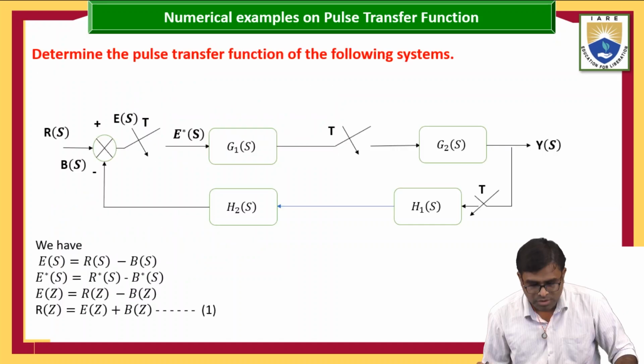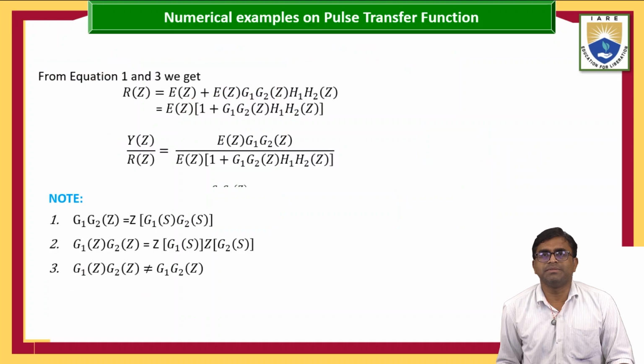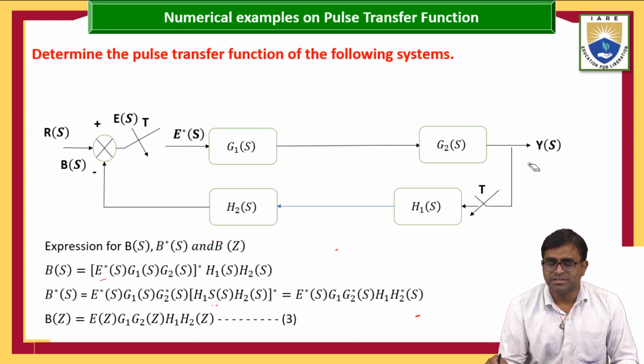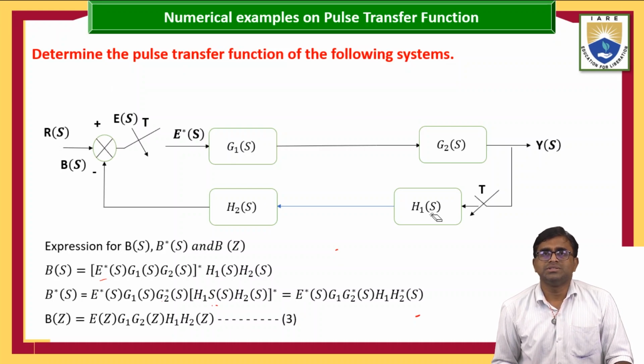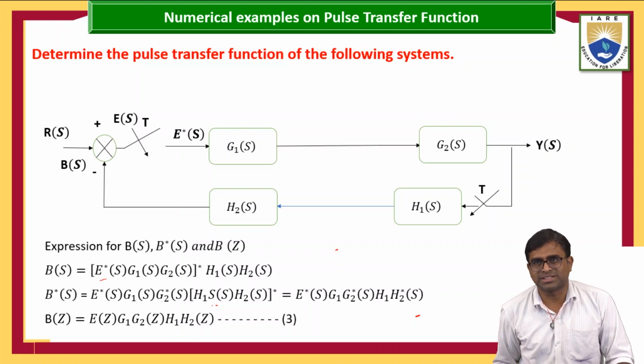Remember this one. Coming to the second problem: in the previous section we took only the pulse function at the input side, before G1 of S, and at the entrance of the feedback section.